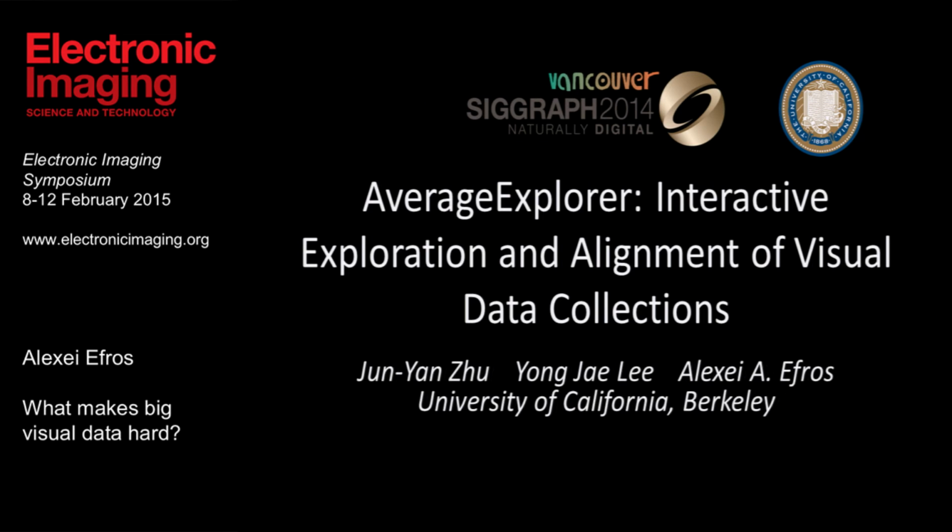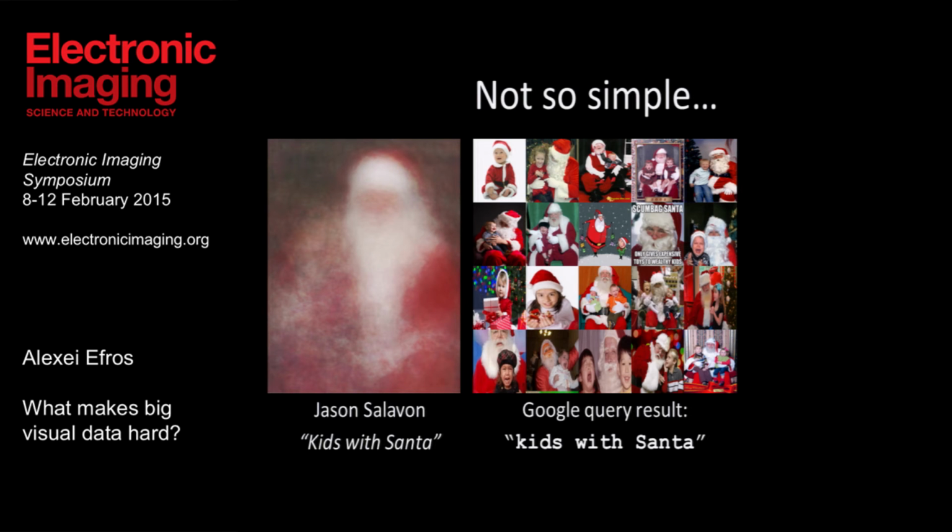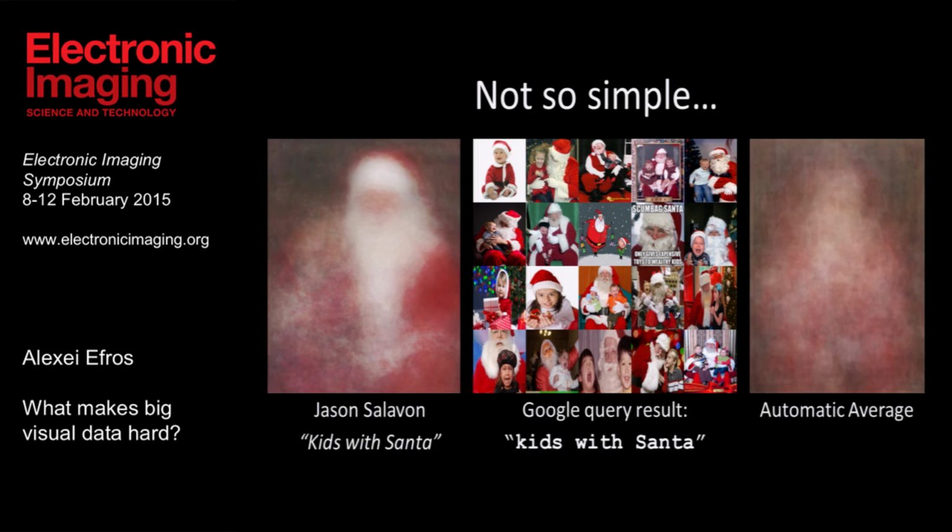So this is a paper we had last year at SIGGRAPH called Average Explorer, where we let the user use this medium of average imaging to explore what's in the data. The reason we started with this is that we just wanted to replicate Jason Sullivan's result, the kids with Santa, and we just went to Google image search and typed kids with Santa, just like he did, and it didn't work very well.